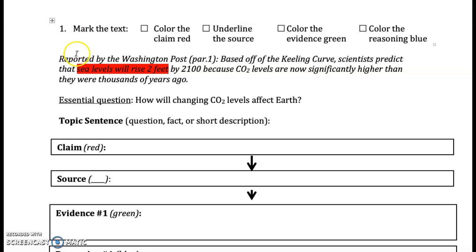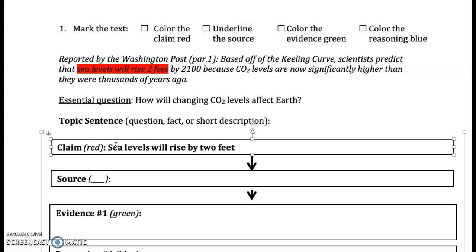Then in the box, I'm going to write that down. Our claim, that's answering our essential question, is sea levels will rise by 2 feet by 2100. I'm going to add that on.